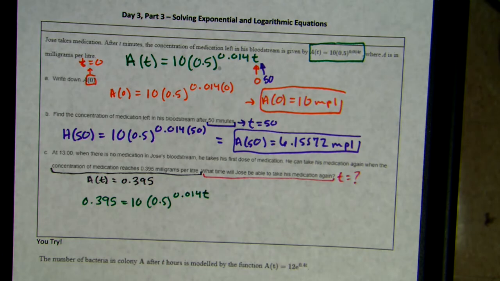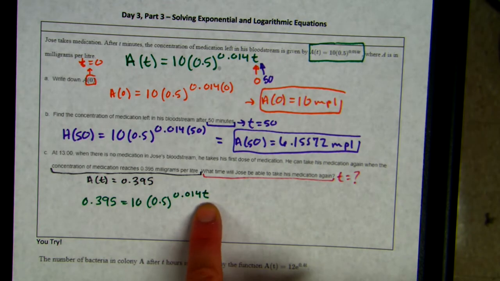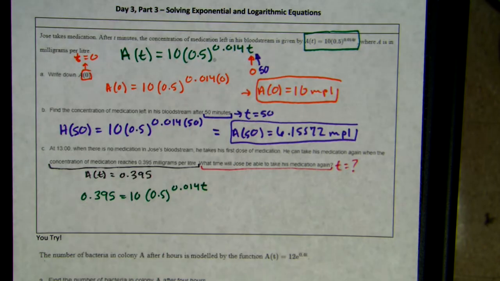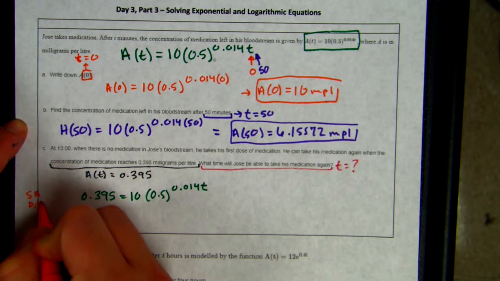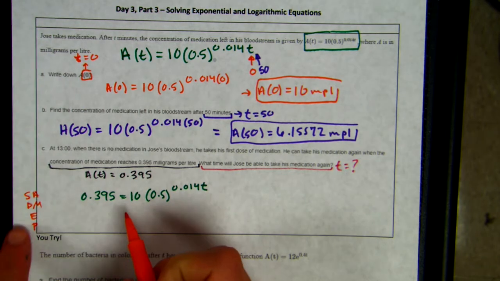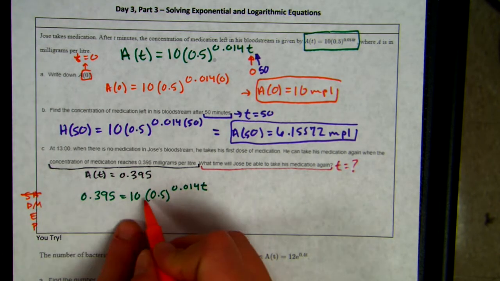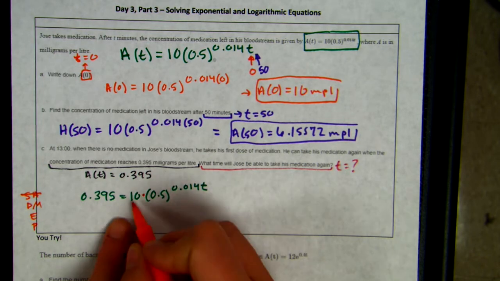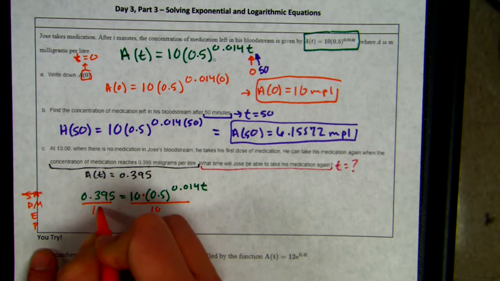Okay. Now here I am solving for an unknown exponent, and when I'm solving for an unknown exponent, we know that logarithms get involved. So here I'm going to use my reverse order of operations, or SADMEP. I don't see any addition or subtraction, so I'm going to look for division or multiplication. I see multiplication between the 10 and the 0.5, so I'm going to divide by 10 on both sides.